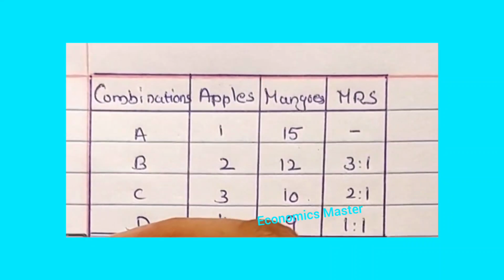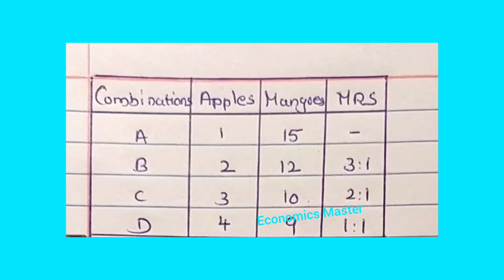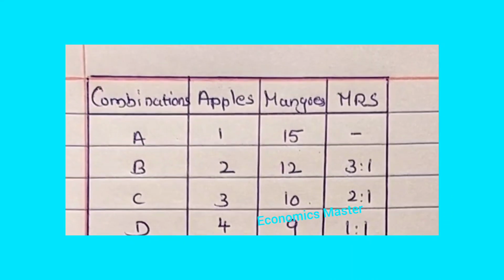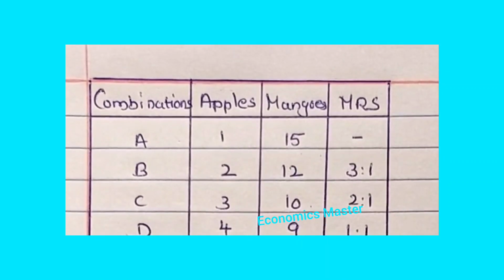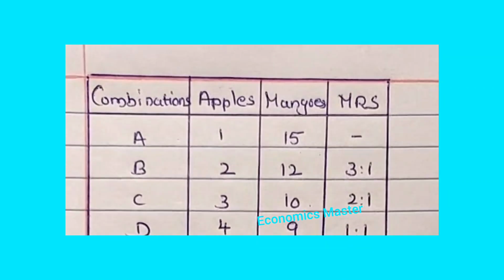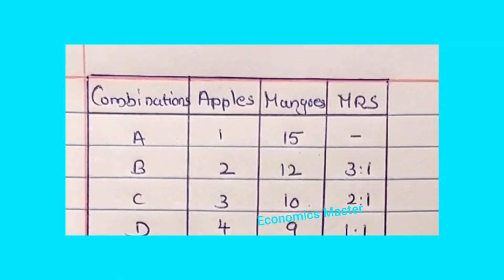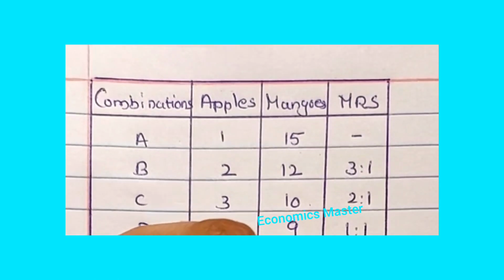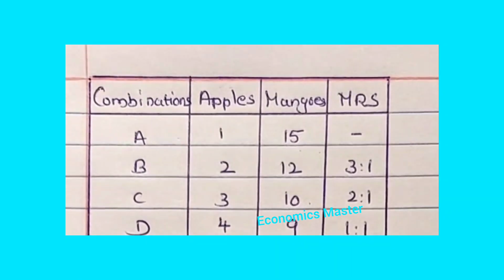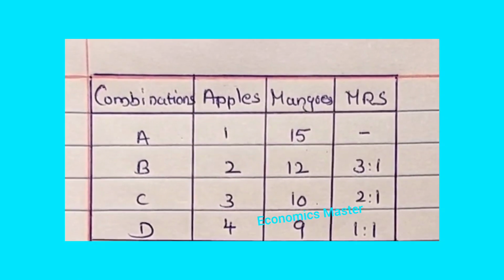And from point C to point D, he sacrifices 1 mango, 10 minus 9, for 1 apple. The consumer sacrifices smaller and smaller quantities of mangoes for each additional apple.